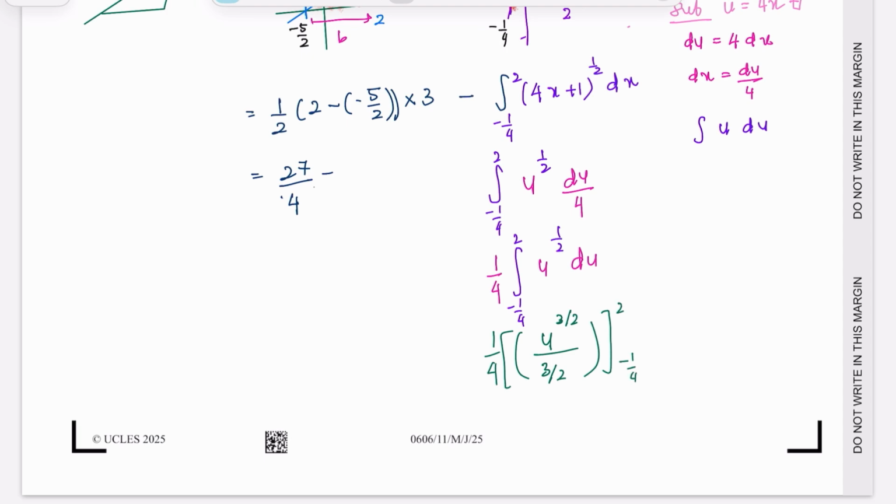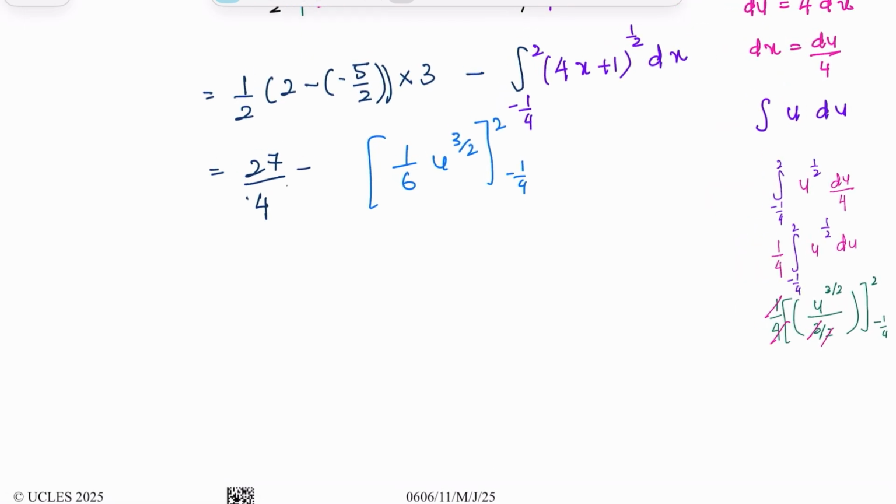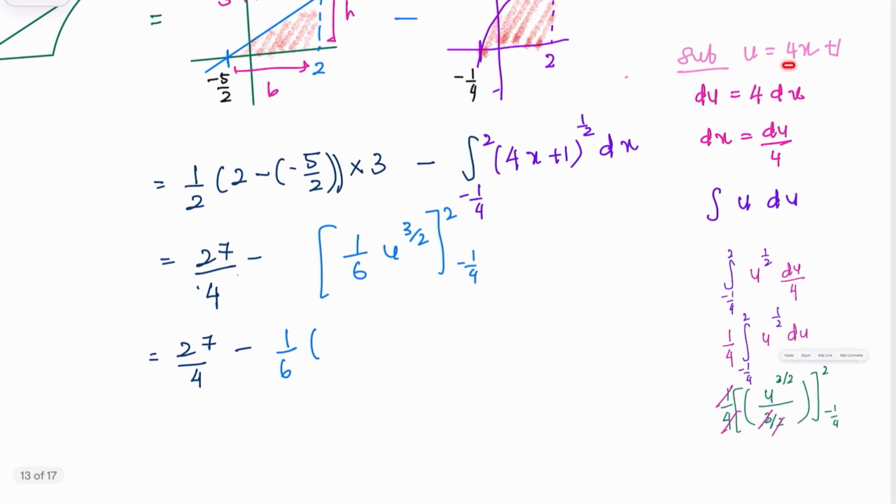Simplifying that will give me 1 over 6 u to the 3 over 2. Okay, now I'm going to bring all this on one side. Now let's put in the limits. So 1 over 6 u, substitute back u for 4x plus 1.